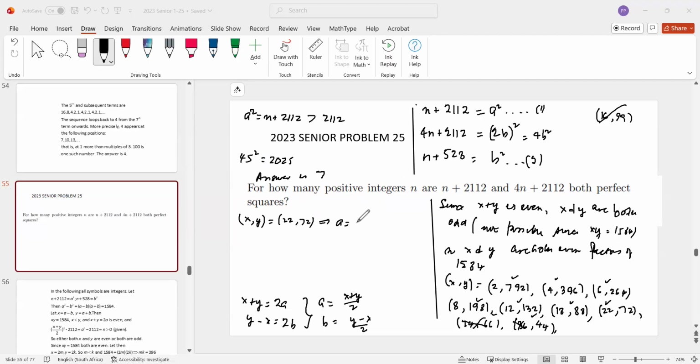That's 94 divided by 2, so that's 47. All right, so let's try 47 squared. n plus 2112 is equal to 47 squared. That's 2209. That's n plus 2112, and therefore n is equal to 2209 minus 2112.